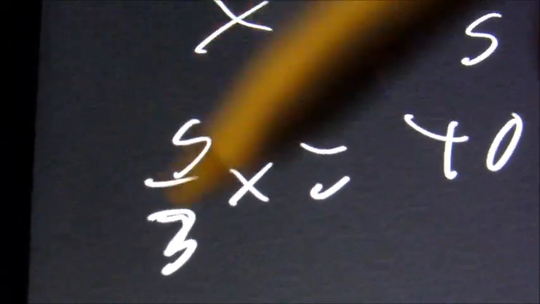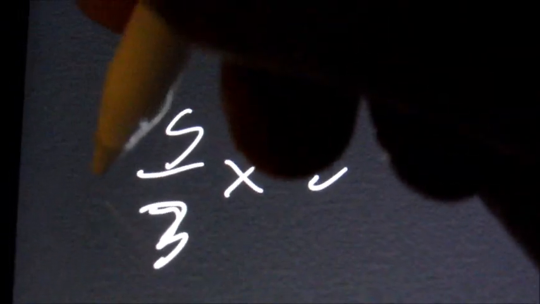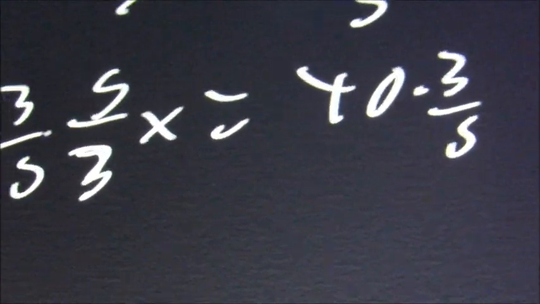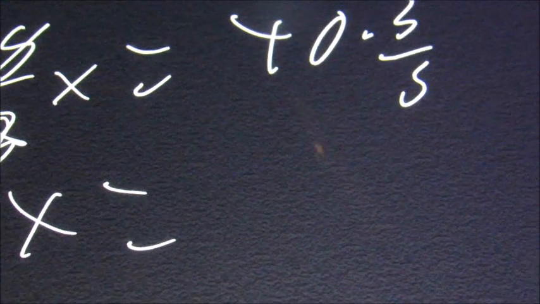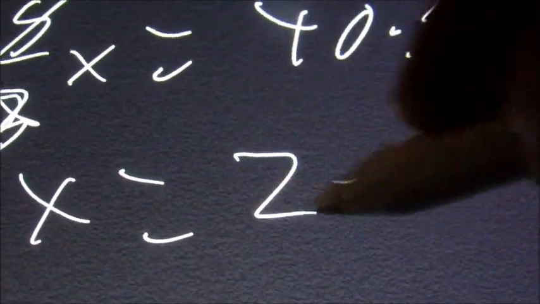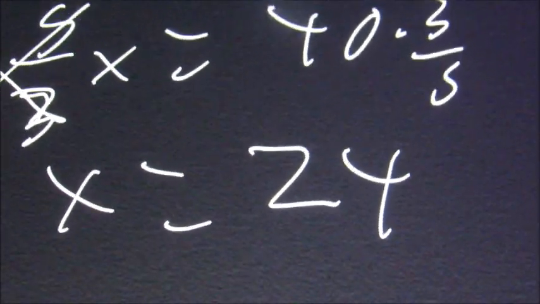And now because we have a fraction in front of the x, we're going to use the reciprocal. 3 over 5 and 3 over 5. The 3 and 3's cancel, 5 and 5's cancel, so we're left with x equals 5 will go into 40 8 times. 8 times 3 is 24.